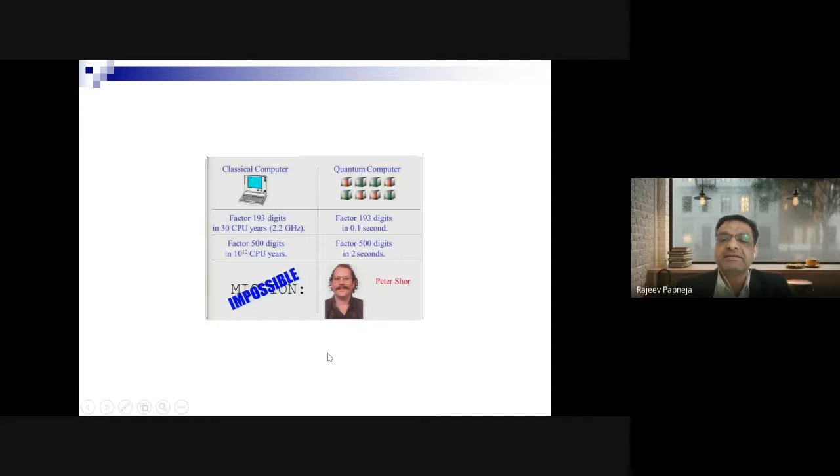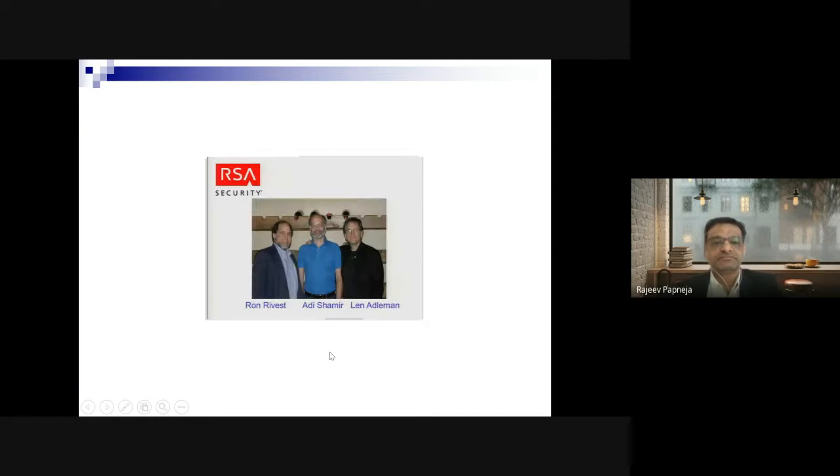That crypto system built by Ron, Adi, and Len, the RSA security, the public key and private key, which we all must have studied in your BE courses. That crypto system is based on the difficulty of factoring and the difficulty of solving related number theoretic problems.